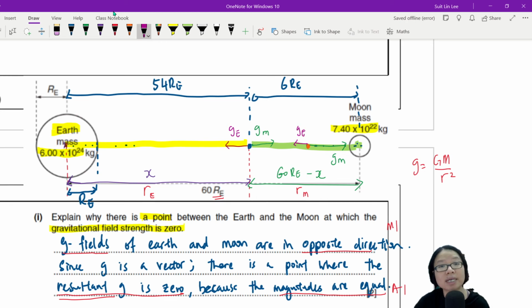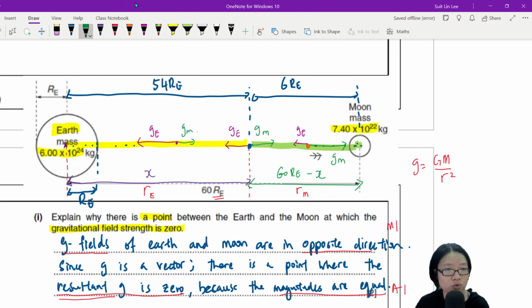So the moon is winning already. The resultant will flip direction, so now the resultant will be pointed here. I draw a double-headed arrow. If here the resultant is 0, then if we move closer to this side, the gravitational field strength of the Earth is bigger than the gravitational field strength of the moon.